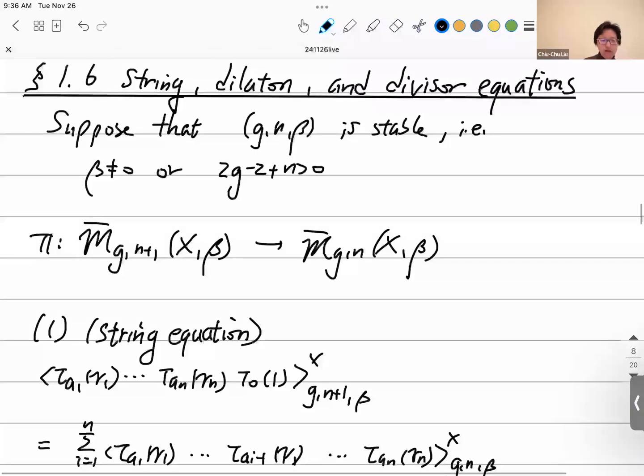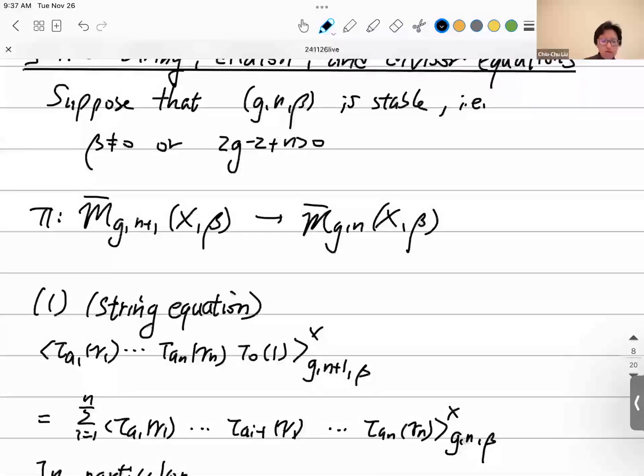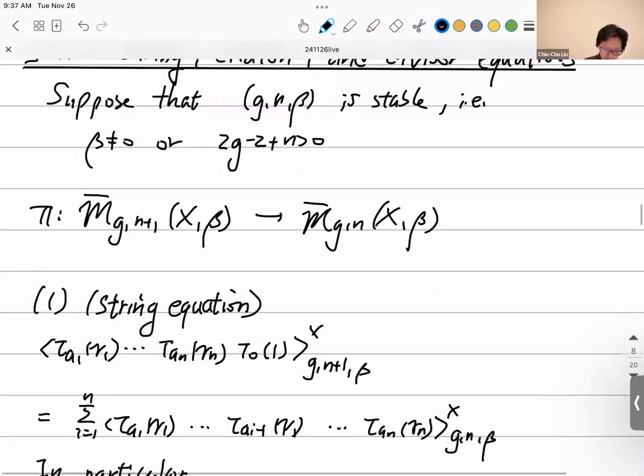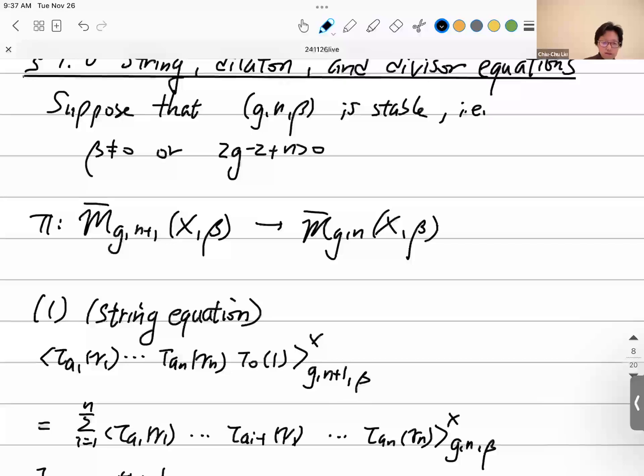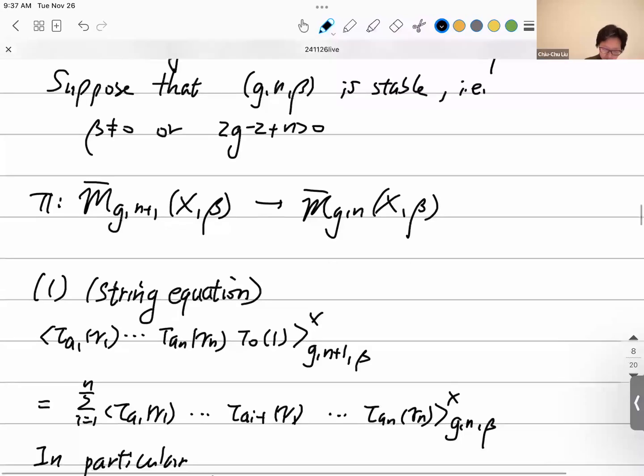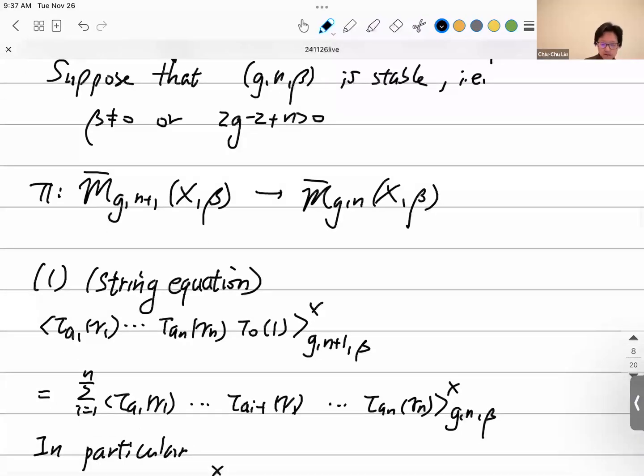Then we have some equations. For example, the string equation says the following. If we have this descendant Gromov-Witten invariant where for the last insertion we don't have a psi class and we just insert 1, then this can be reduced to an integral over M bar g,n,beta with one less marked point, with a sum from 1 to n.